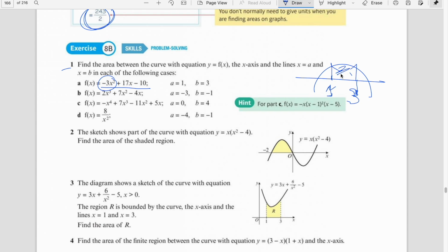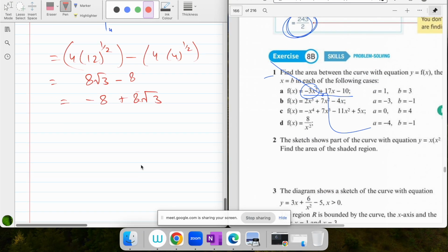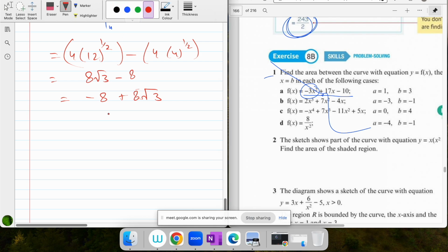So we are going to find this shaded area. So you just integrate it and use those two given limits 1 to 3. So the area of the graph, integrating f of x dx, limits 1 to 3, will give us the area.